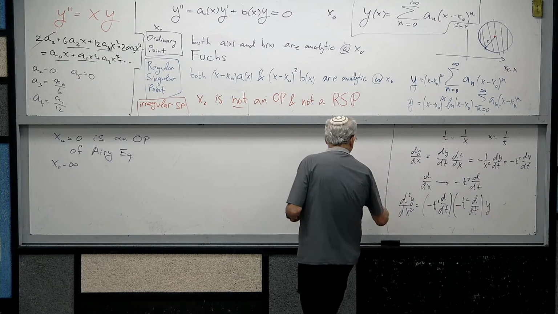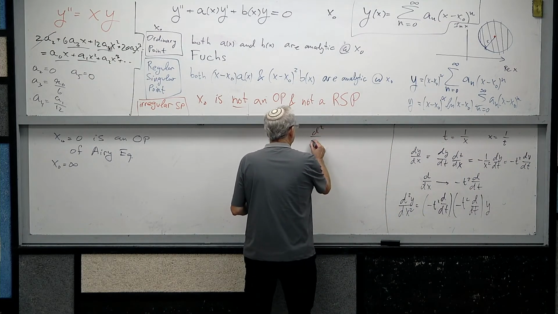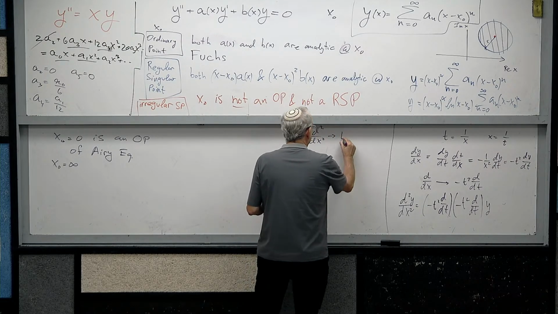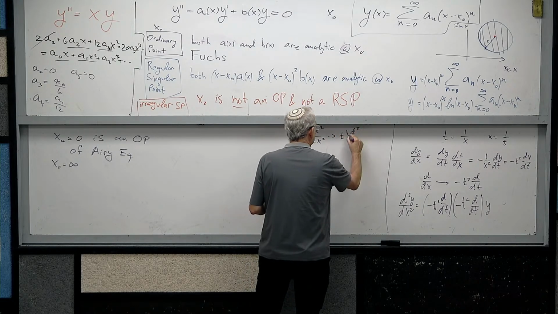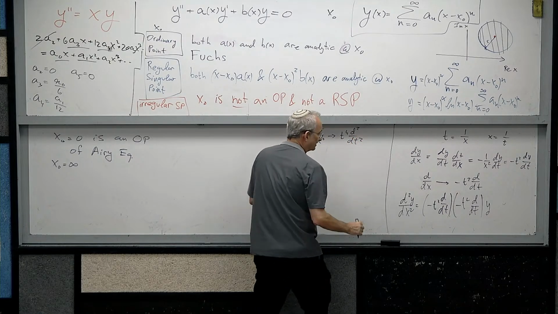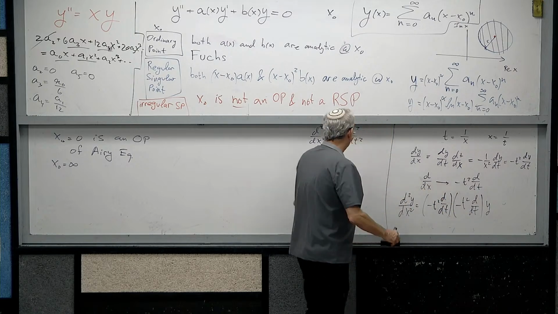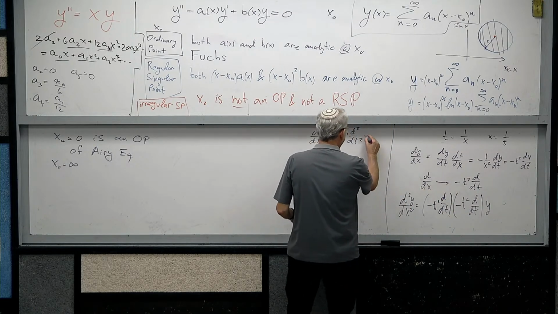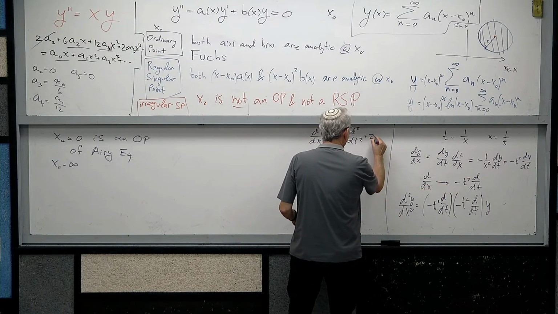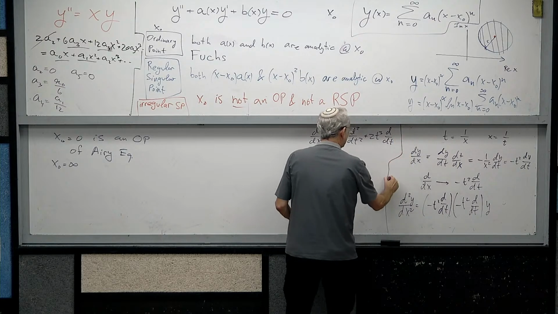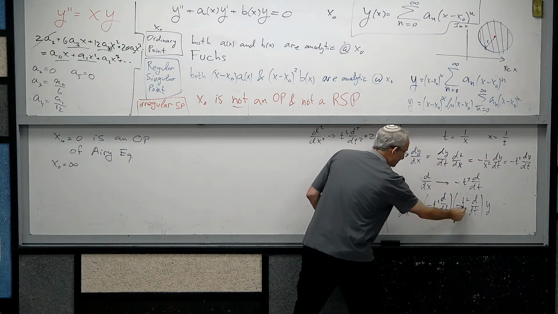Right, so d2/dx squared will become t to the fourth d2/dt squared. This is the case when I'm taking this d/dt and acting on that. Plus 2t cubed d/dt. This is when I'm taking this and acting on that.